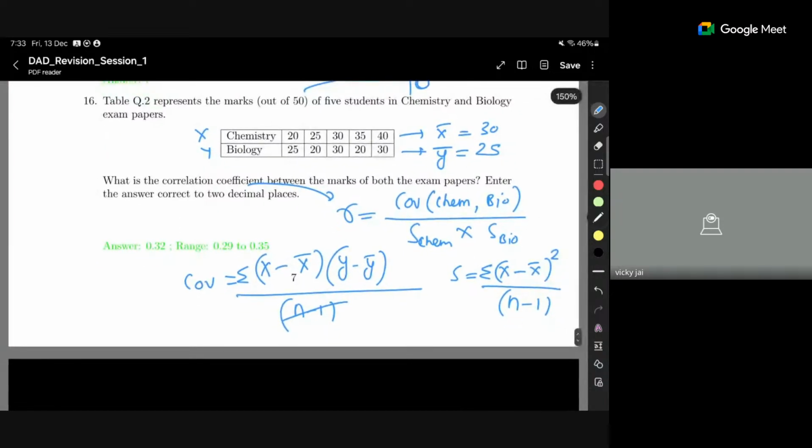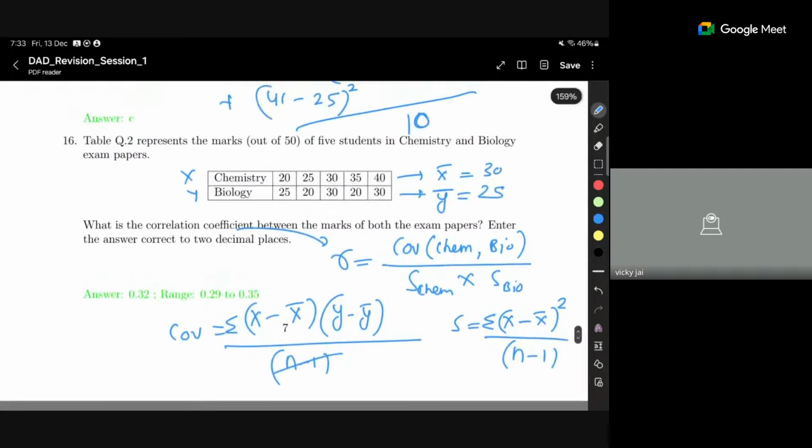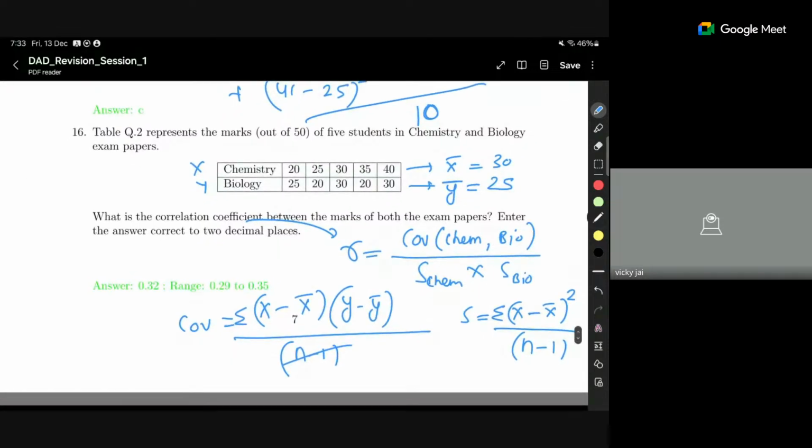Now you have to figure out what the standard deviation of this is, which you can do like this: 20 minus 25 whole square and so on. Let's say this first one is for x. Standard deviation of x: I'll do 10 square plus 5 square plus 0 plus 5 square plus 10 square, and divide it by 5.